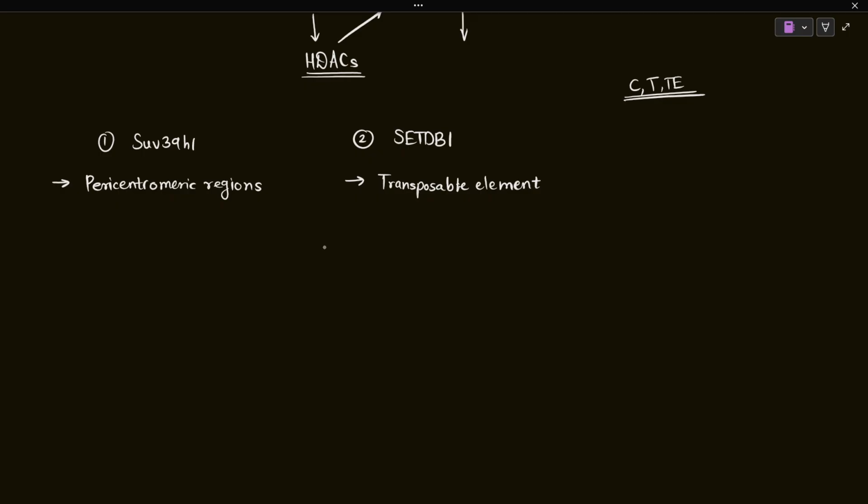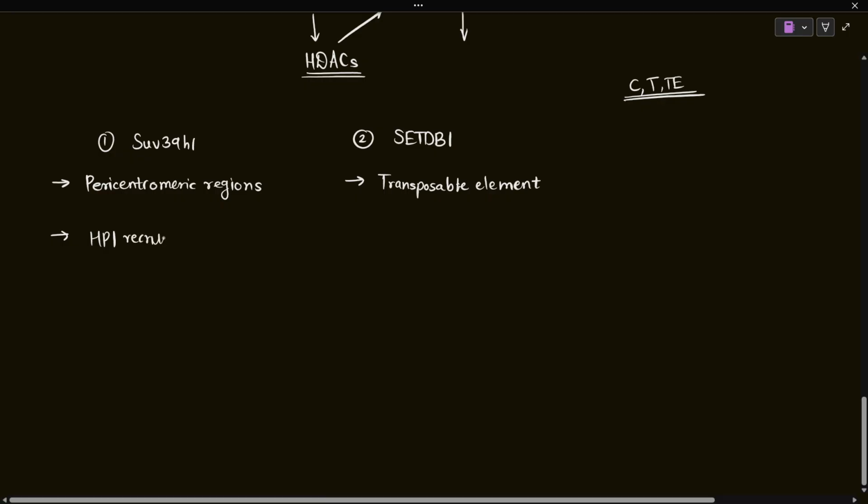But alongside this difference, those enzymes also differ in their mechanisms. SUV39H1 adds the methyl mark, which serves as a recruitment signal for HP1.